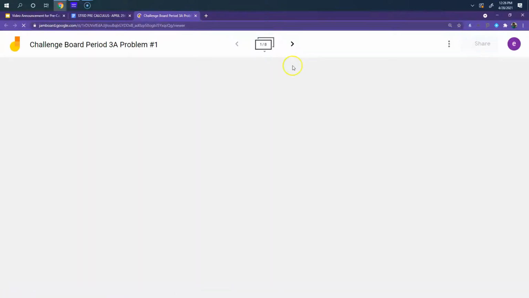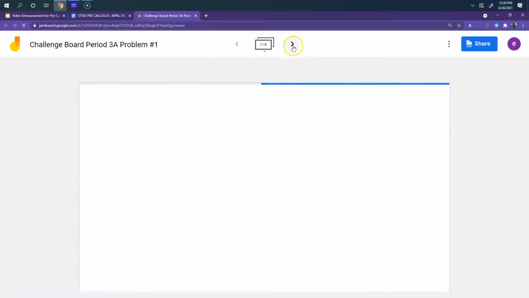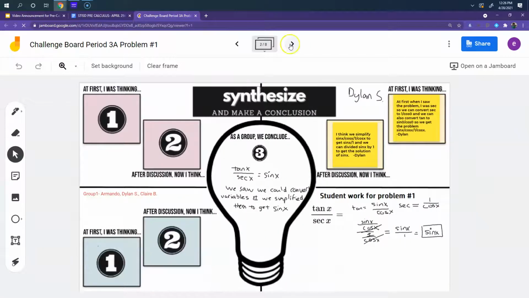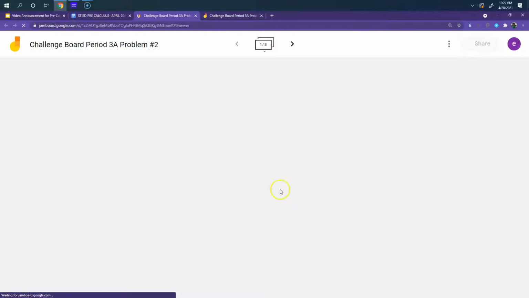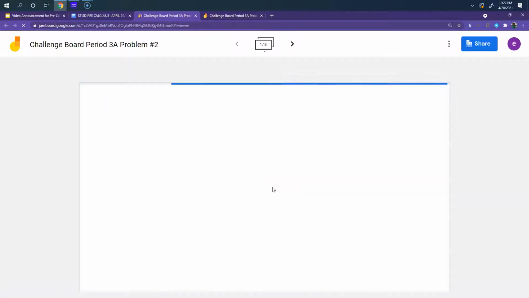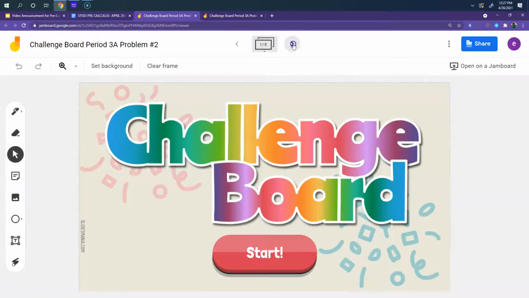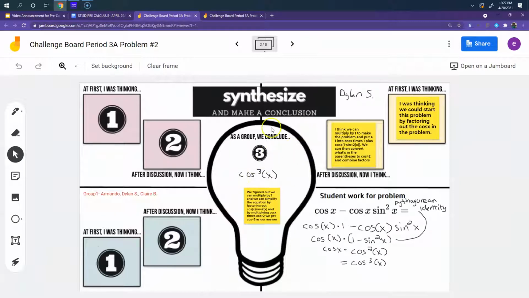Problem 1. Remember, you had to show your work for problem 1, simplify. Problem 2. Once again, you had to simplify this expression.